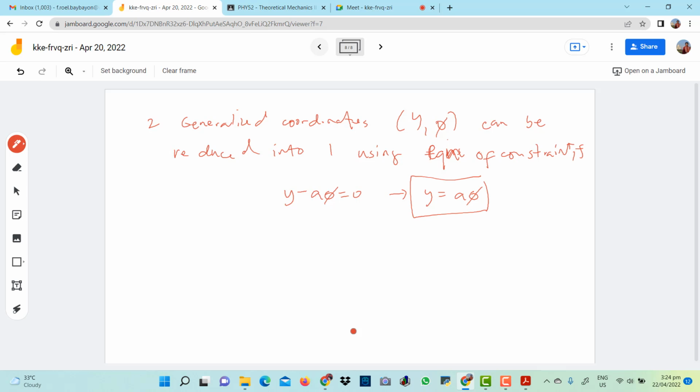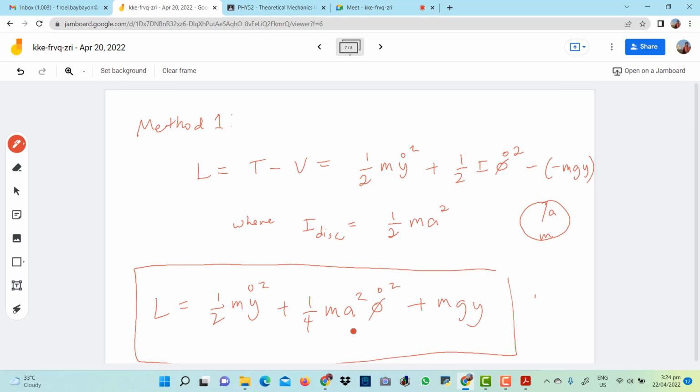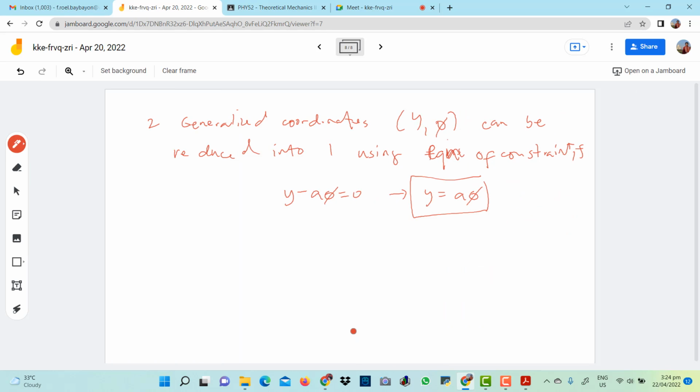Then I substitute this into my Lagrangian. What will happen? Take note, if y is a phi, then y dot is just equal to a phi dot. So if I substitute this into our Lagrangian, L becomes 1/2 m y dot squared plus 1/4 m a squared phi dot squared plus mg y. Which should I use, y or phi?